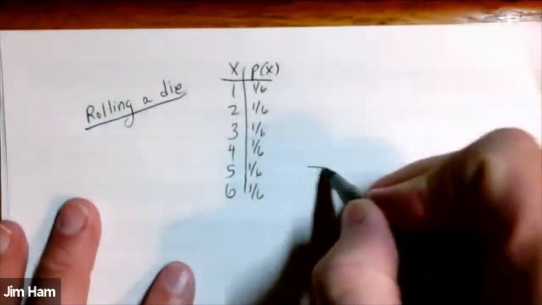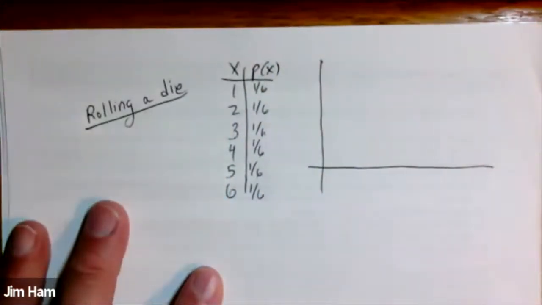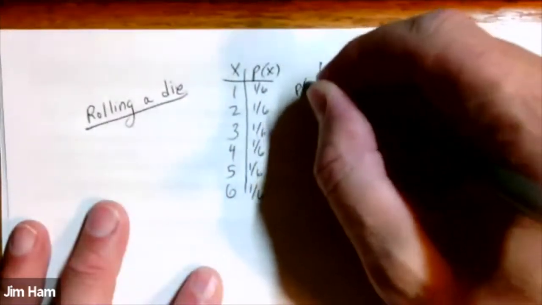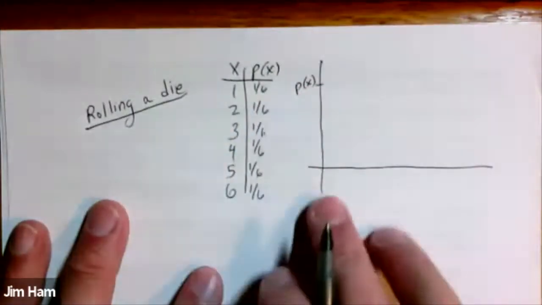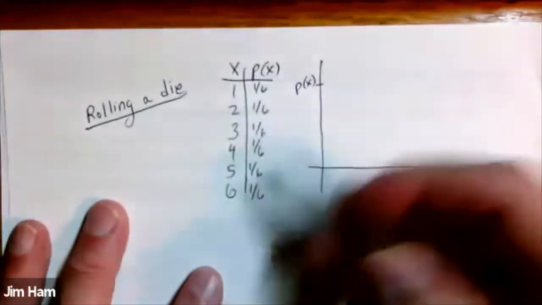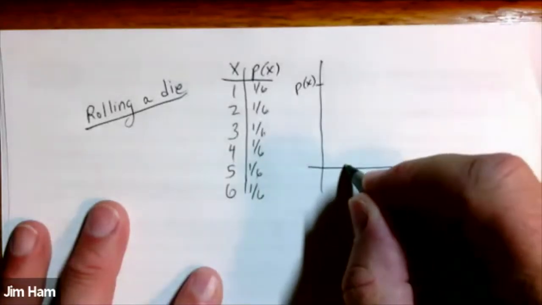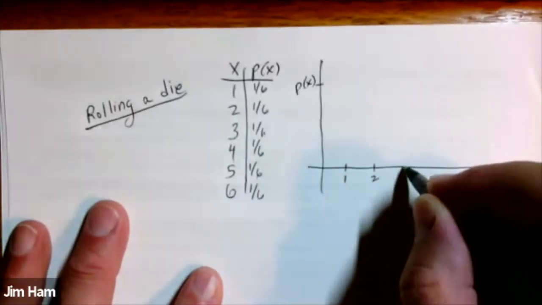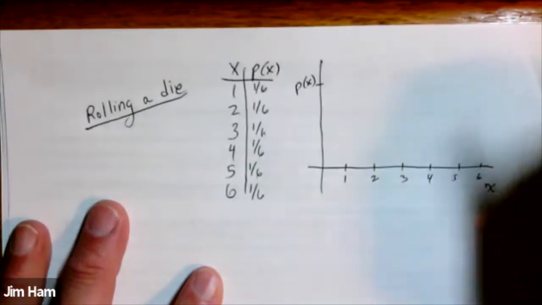And if we drew the graph of this probability distribution, where the vertical scale is the probability and the horizontal scale would be all of our outcomes, our x's, then we would have 1, 2, 3, 4, 5, and 6.